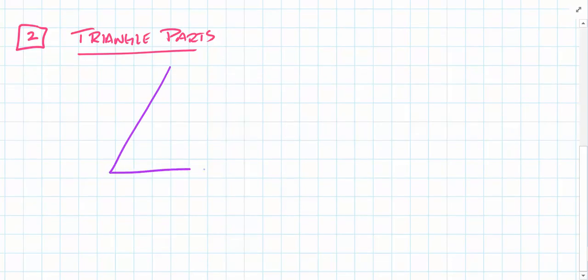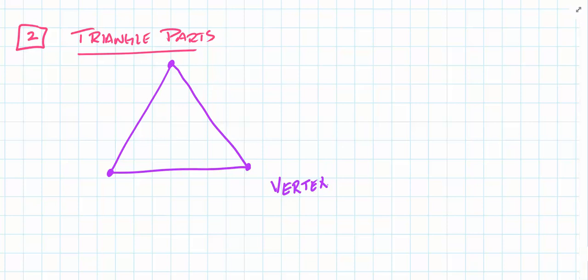When we talk about triangle parts, there are a couple of parts that we have to be familiar with. Let's start with these points here on the edge. These points on the edge of the triangle are called the vertices. Each one is called a vertex. The plural of vertex is vertices.